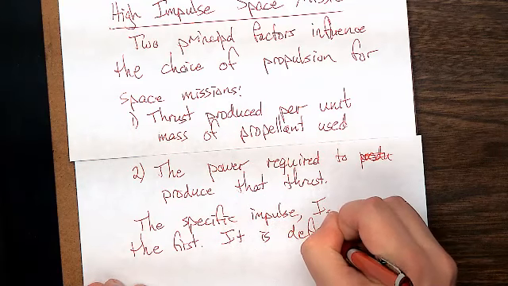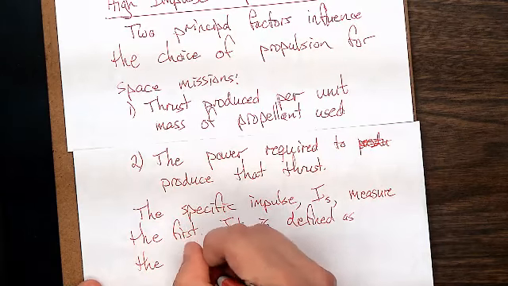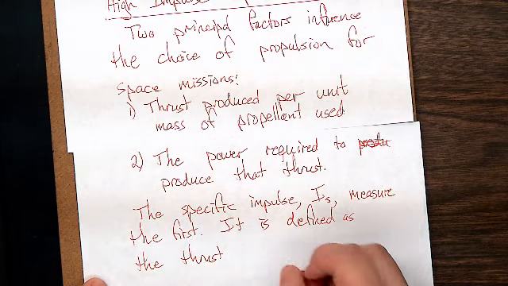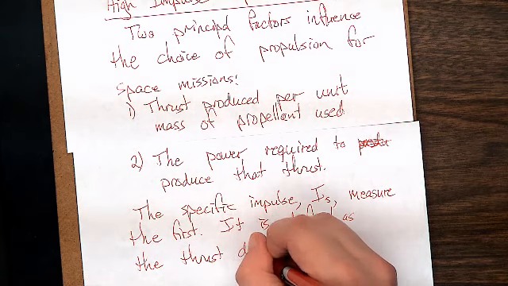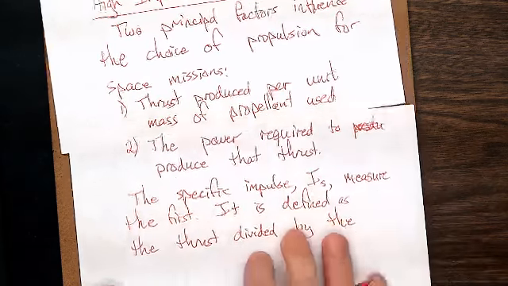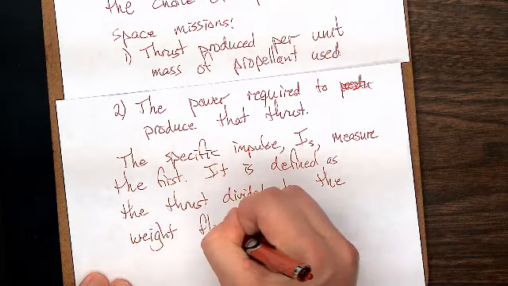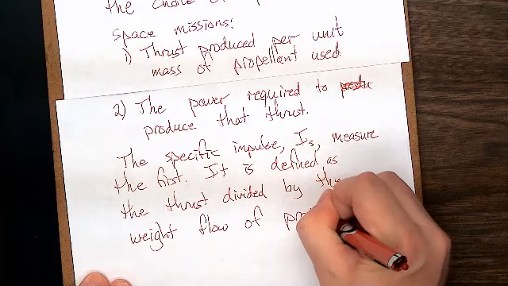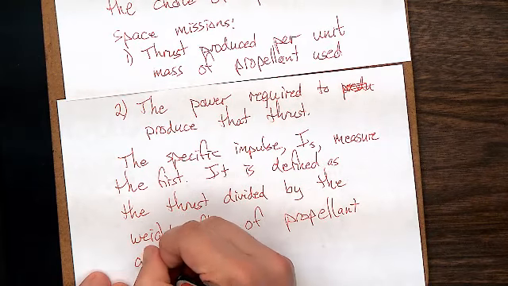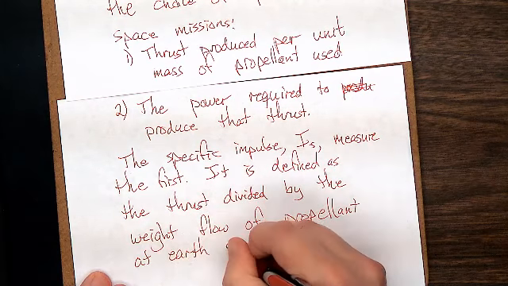It is defined as the thrust divided by the weight flow of propellant, at Earth's sea level gravity.